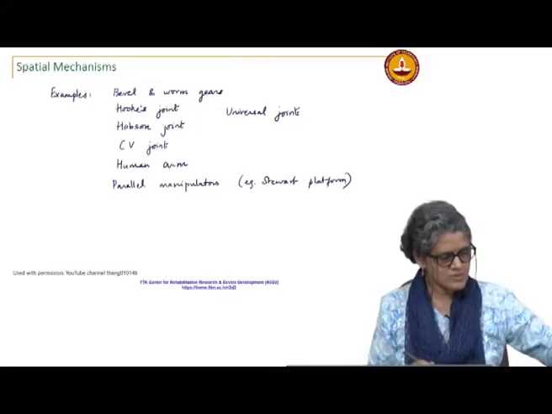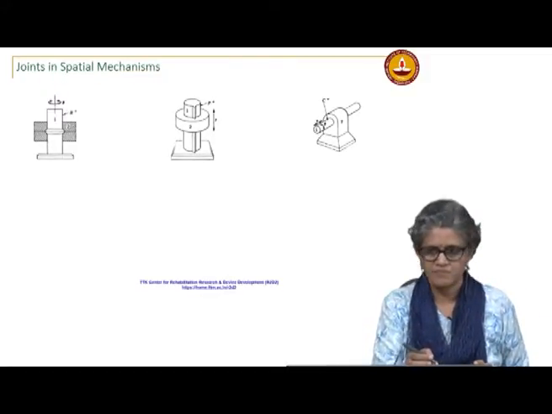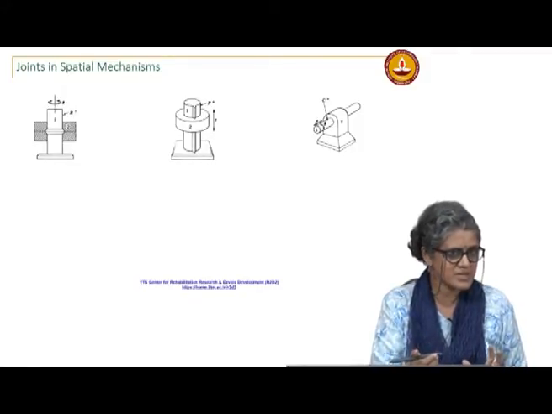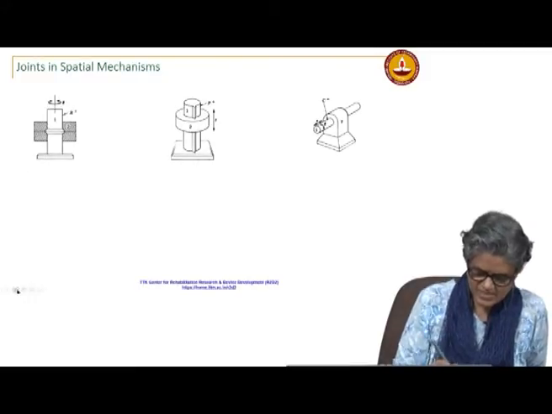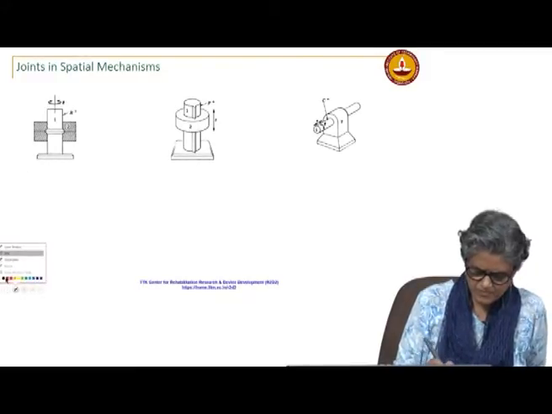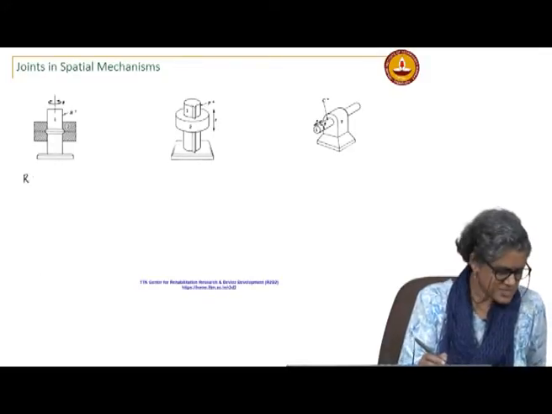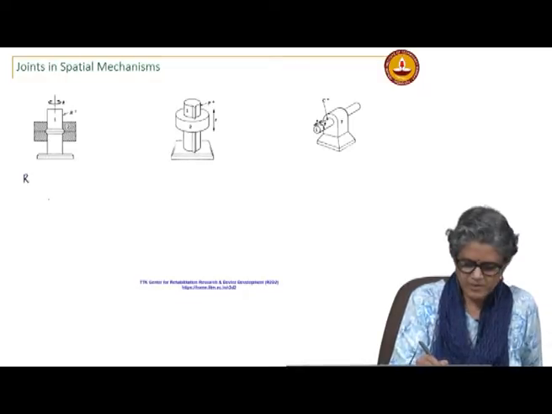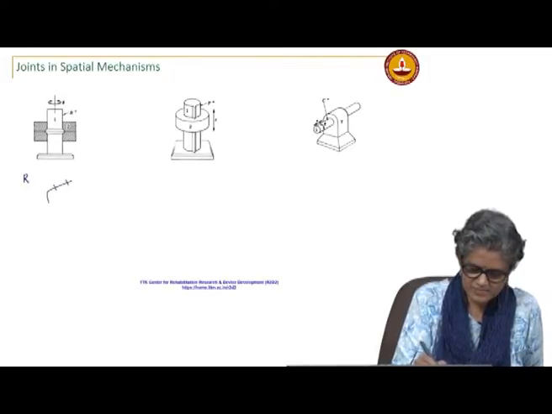Just as in planar mechanisms, you can have revolute joints in spatial mechanisms. It is typically designated as R, and in a spatial mechanism you would represent it like this.